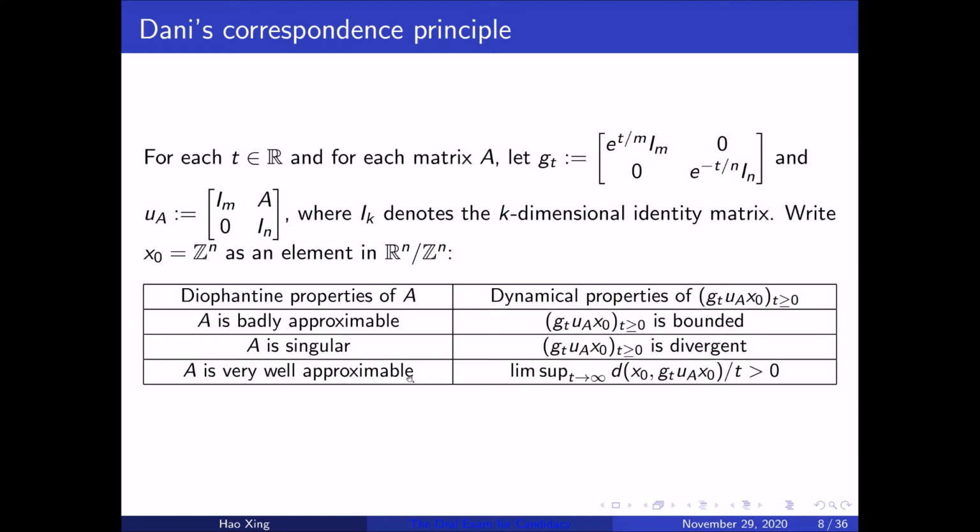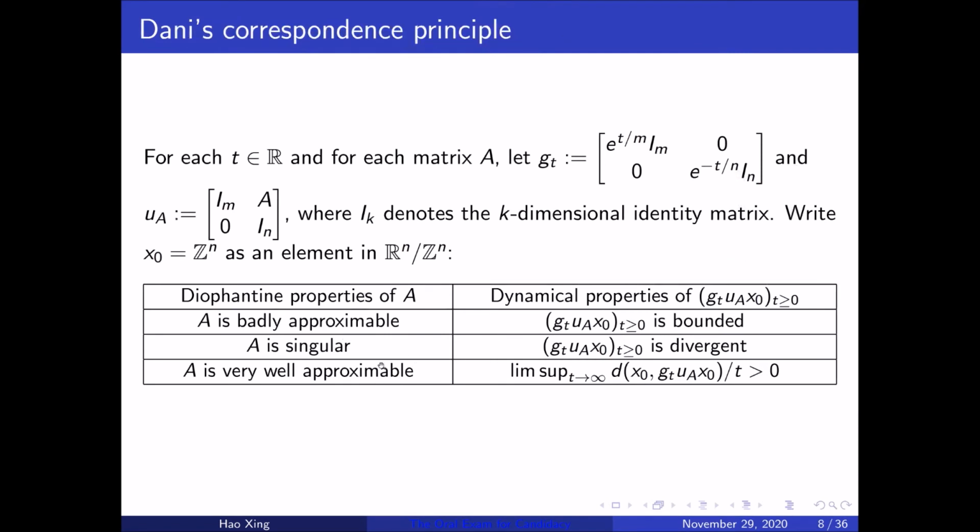A being very well approximable corresponds to the limsup of the distance between x naught and g_t u_A x naught, divided by t, being greater than 0. This means that the orbit is not only divergent, but also divergent at least linearly. So when it is divided by t and you take the limsup, you still get a positive number when t is large.